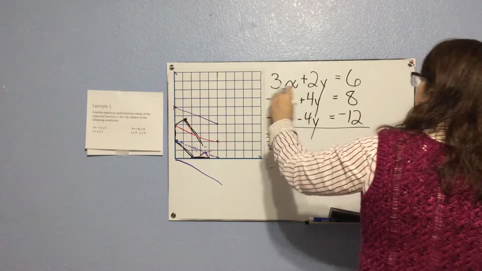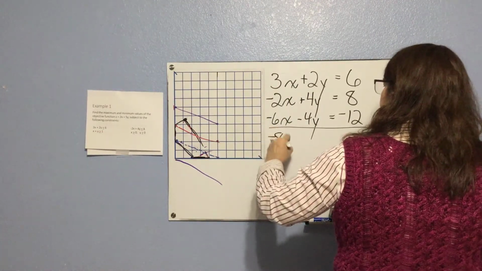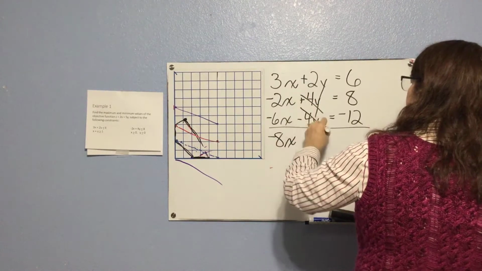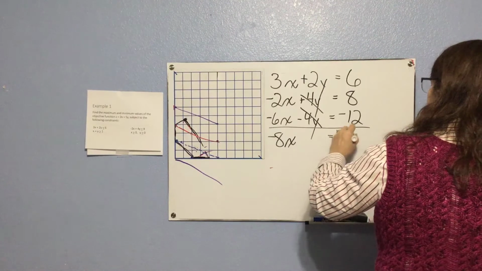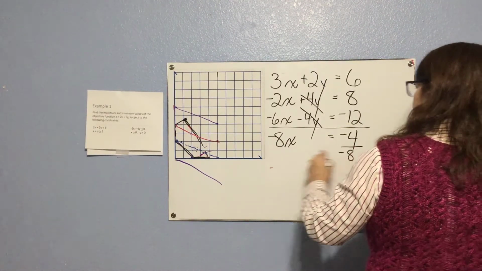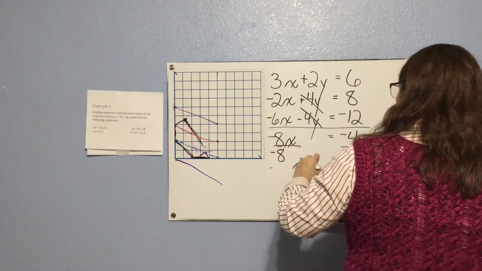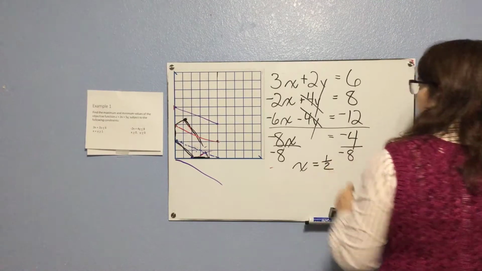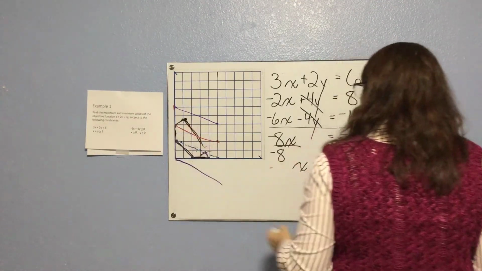And now I can add this equation and this equation. -8x, these cancel out, and 8 and -12 gives me -4. Divide by -8, and we get that x equals 1/2, which looks pretty reasonable. That would be right about here.